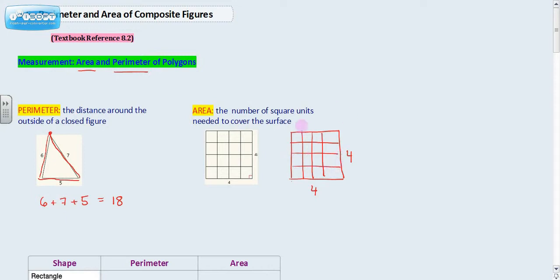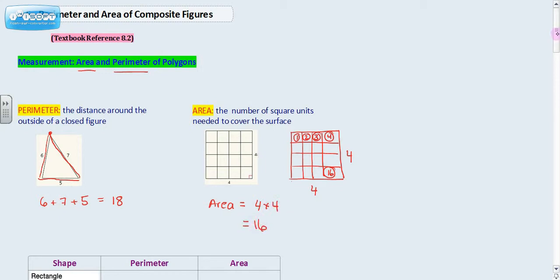If I count how many square units it takes to cover this entire square, I get 16. And we get that by doing 4 times 4. So we get 16.